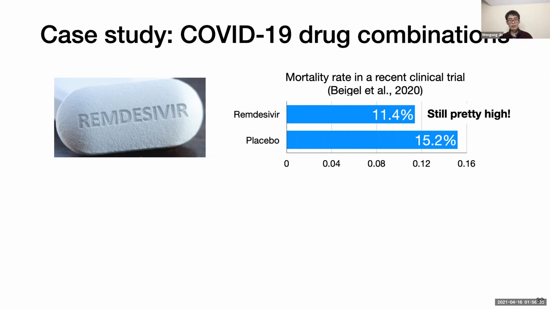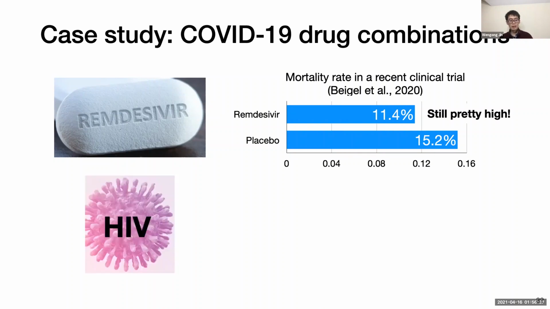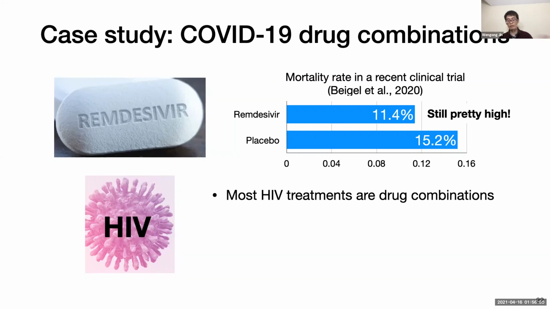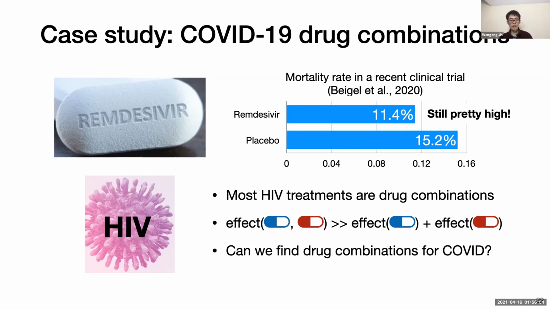So we need to find better treatments. If you look at other viral infections like HIV, you'll find that most of these HIV treatments are drug combinations, because they are often more effective. So this motivated us to find drug combinations for COVID-19.